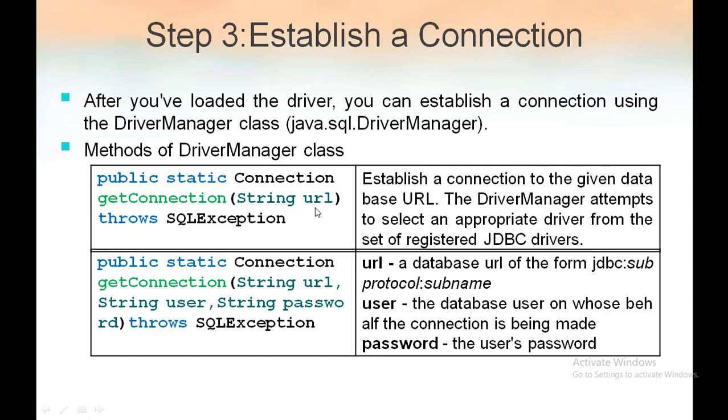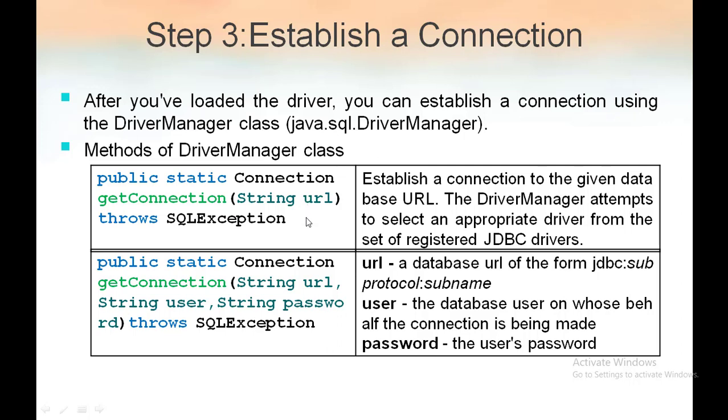Here, instead of String URL, we need to pass the database name in a particular format. In the previous video, we learned about different types of URL we need to pass according to their databases. So first method is Connection getConnection.